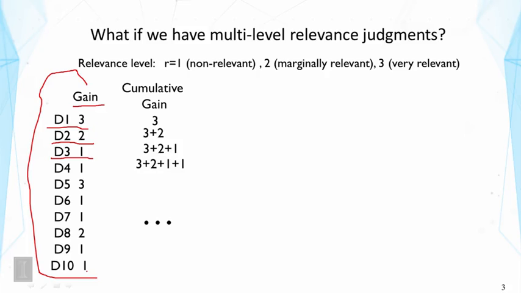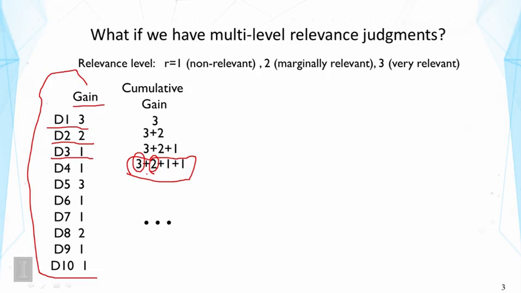Now in NDCG, we also have another letter here, D, discounted cumulative gain. So why do we want to do discounting? Well, if you look at this cumulative gain, there is one deficiency, which is that it did not consider the rank position of these documents. So for example, looking at this sum here, we only know there is one highly relevant document, one marginally relevant document, and 2 non-relevant documents.